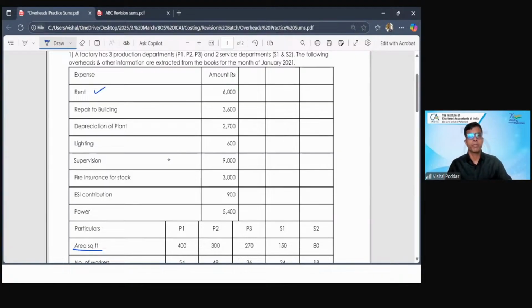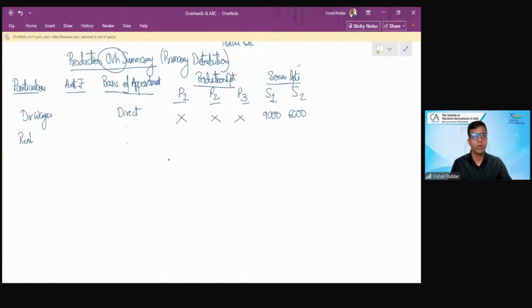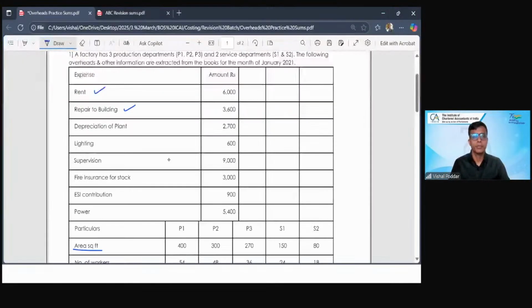So rent, repairs to building. You have to list down all these names in your format.